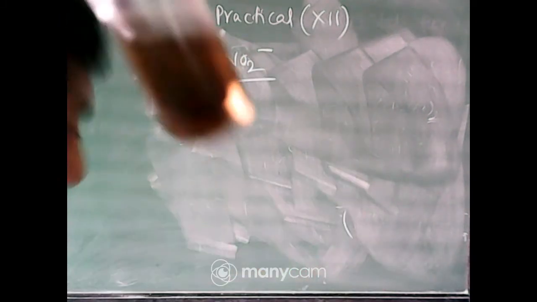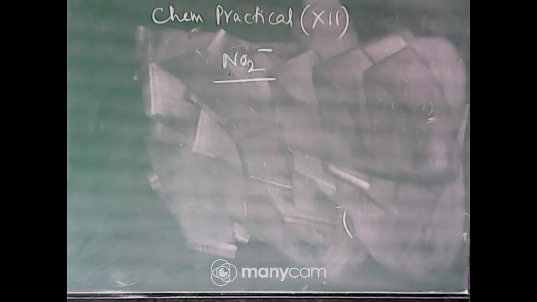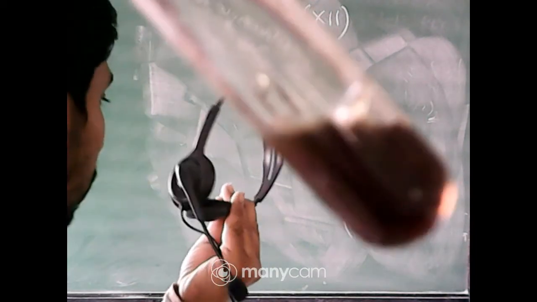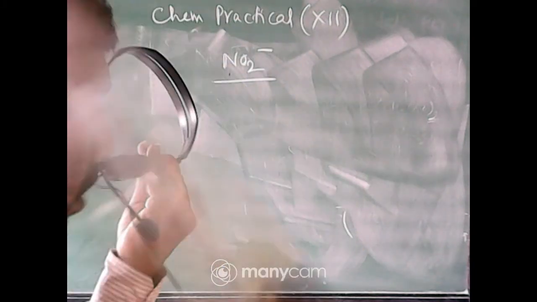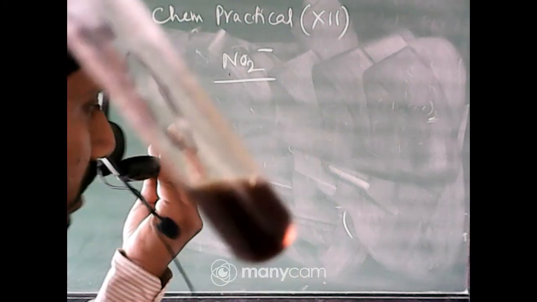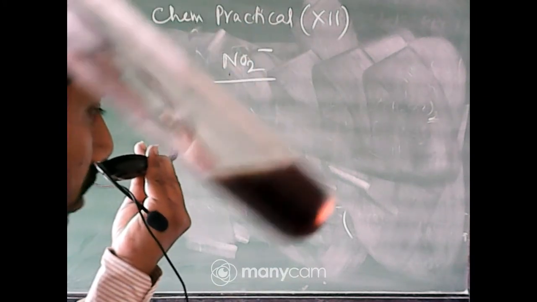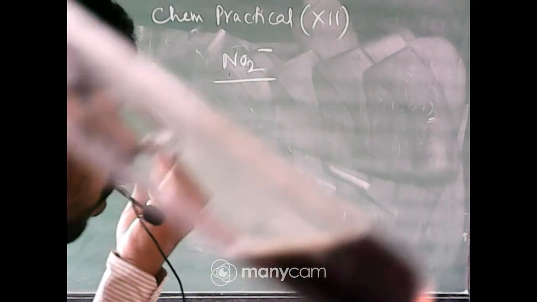The color is dark brown. Clear? Dark brown color. It is also one test for nitrite. Okay, it is looking black, but it is a test for nitrite, NO2 minus.